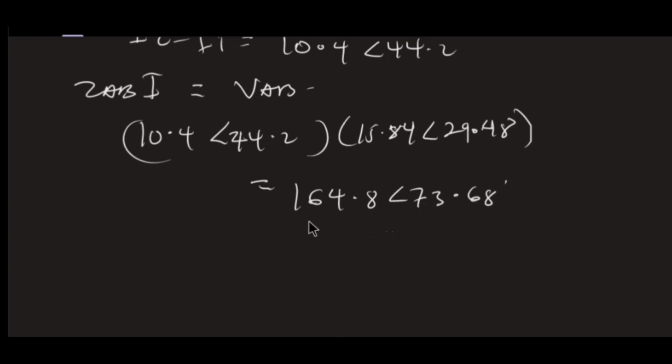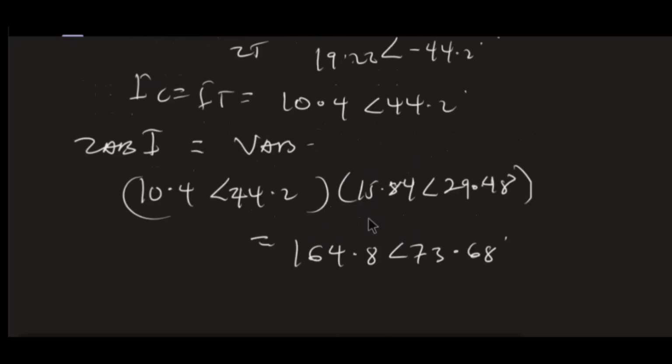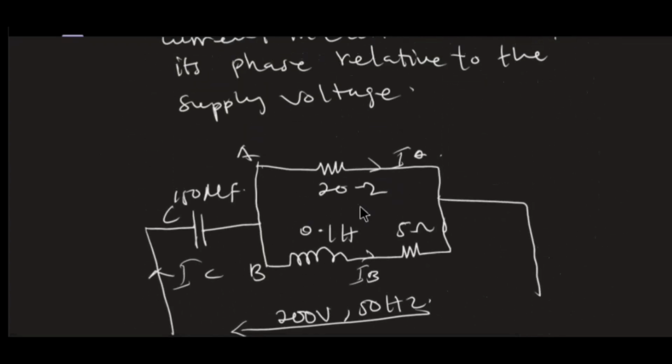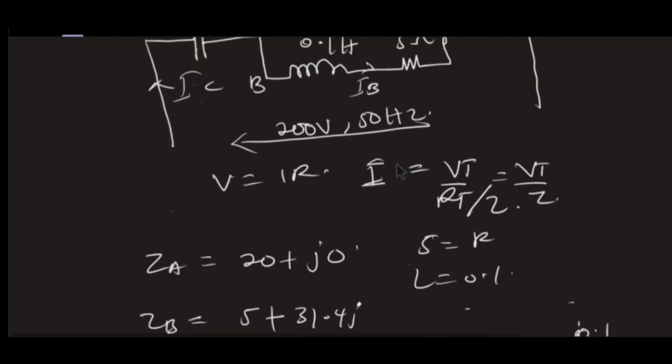So once I have found my total voltage across AB, to find the current only across A, now I know the total voltage across these two. To find the current here, I'll just take the impedance here and divide the voltage by this impedance. That's all.